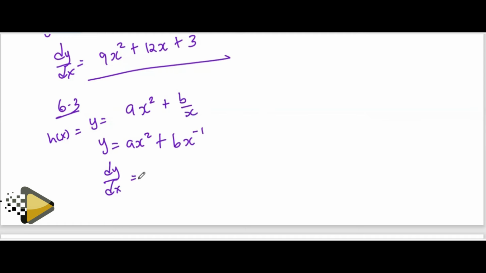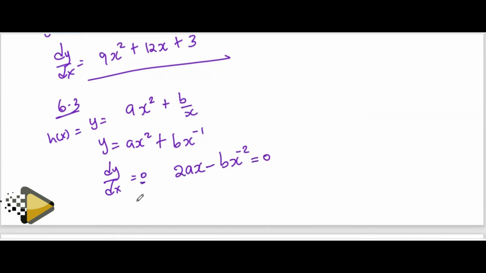So my dy/dx being equated to 0 because I know that the derivative represents the turning point. And at turning point, the gradient is always 0. So that's going to be 2ax minus bx to the -2 must be equated to 0.